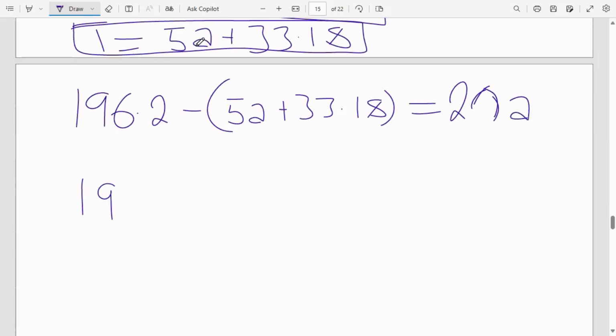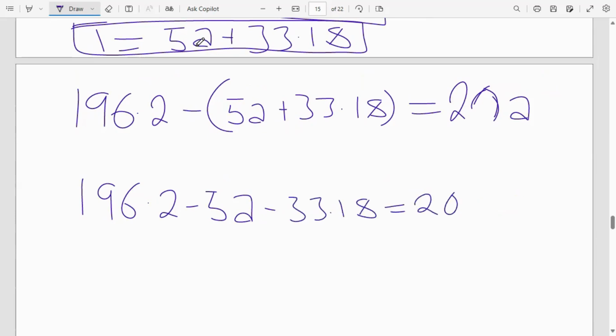So 196.2 minus 5a minus 33.18 will be equal to 20a, like that.